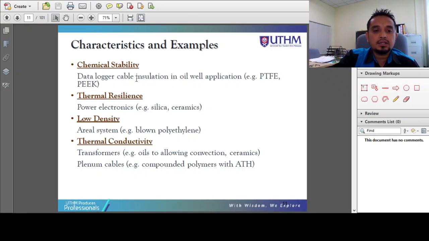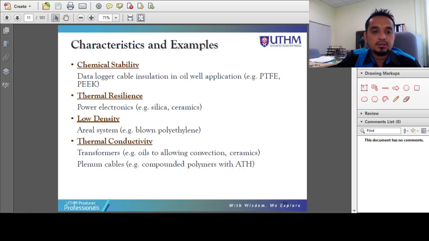The insulation or dielectric material used for this cable shouldn't be affected by chemical reaction if immersed in the oil. So the cable insulation should show good chemical stability to ensure the functionality of the insulation materials.